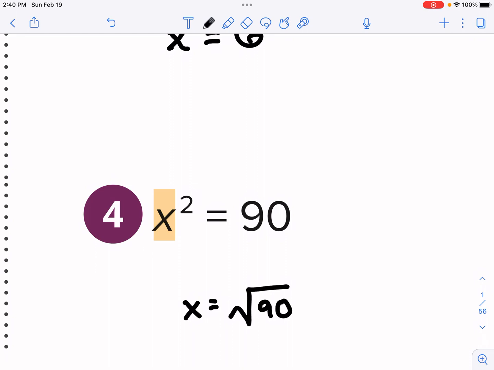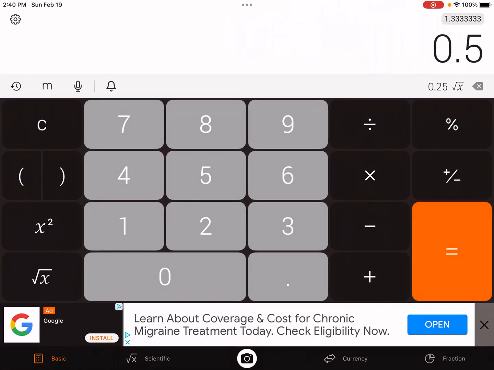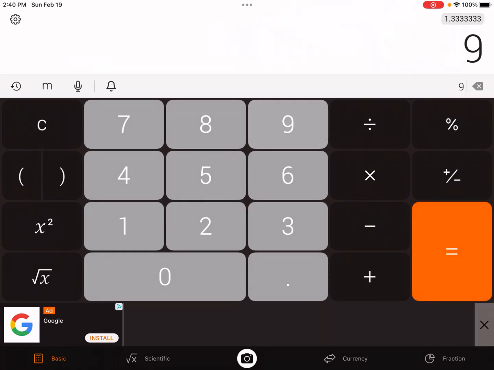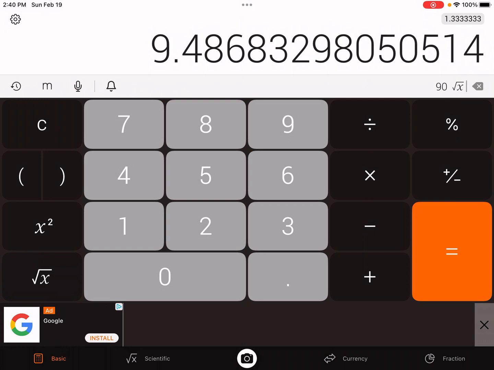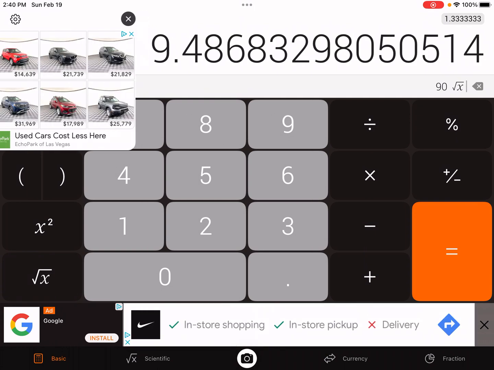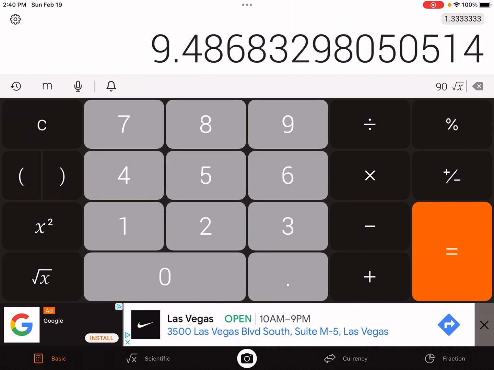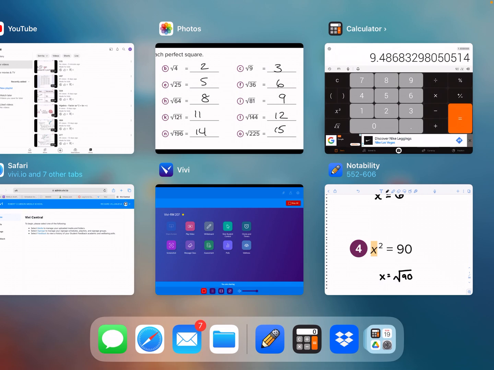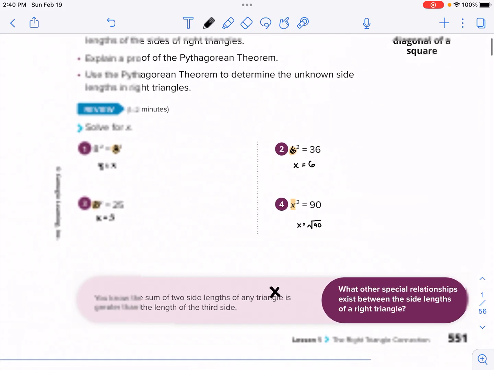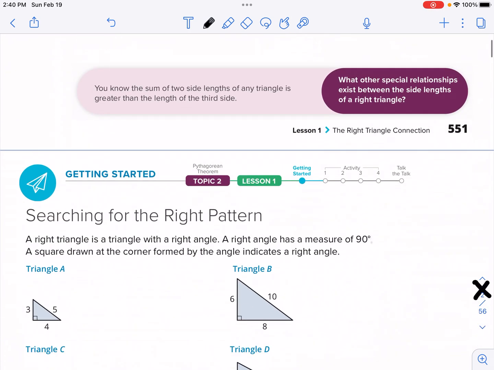If you plug the square root of 90 into your calculator, we could plug it in right now, it's a non-terminating decimal, or irrational decimal. It's 9 point, we'll round this, so 9.5 roughly. If you put 9.5 times 9.5, it's going to be approximately equal to 90. All right, let's move on to the next page.